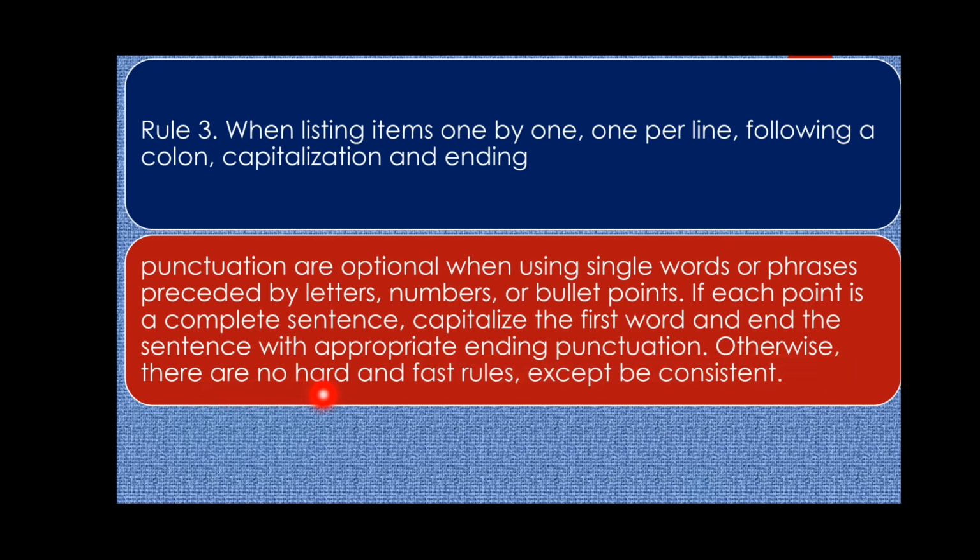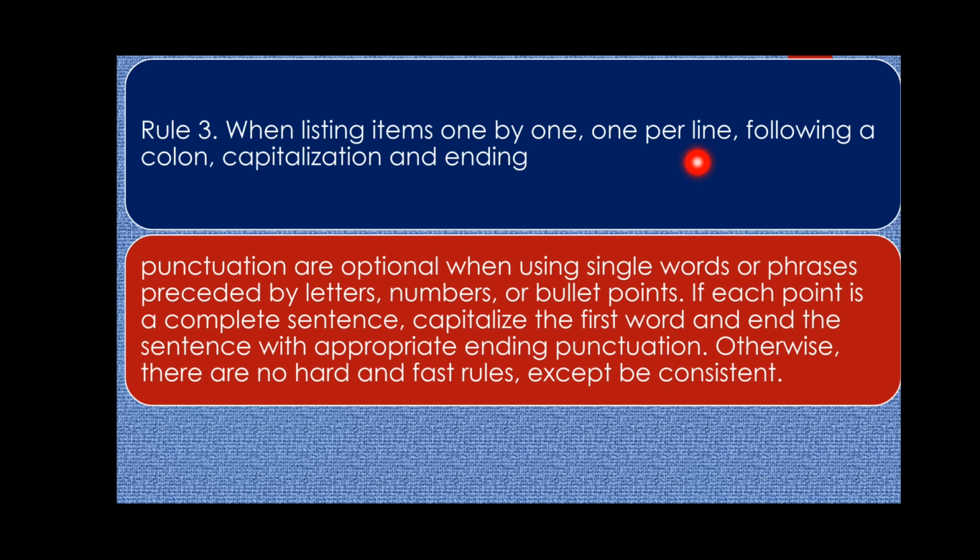Otherwise, there is no hard and fast rule except be consistent, right? So it says that when listing items one by one, this is one, this is two, this is three, this is four, or you are mentioning one item per line.